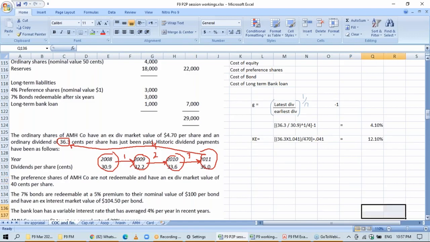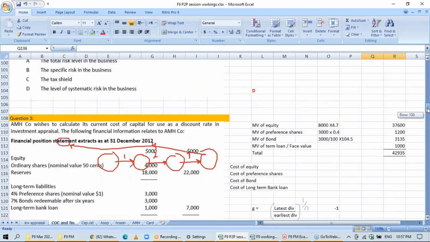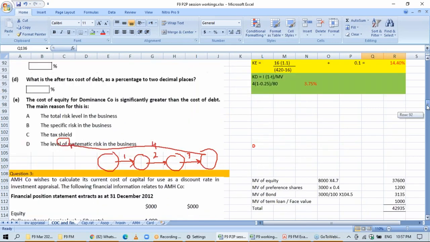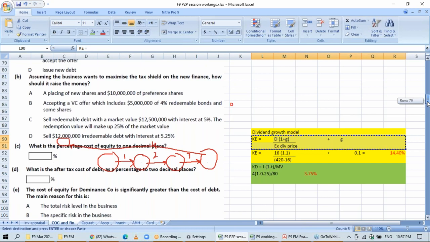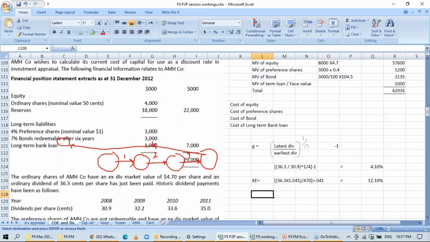So that's the cost of equity, which has been calculated using the dividend growth model, the same formula we used above, this one. This formula has been used to calculate the cost of equity.